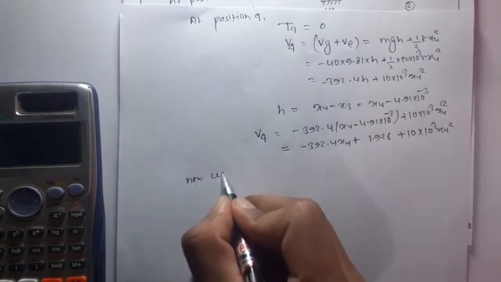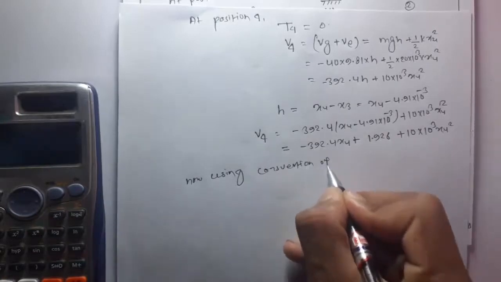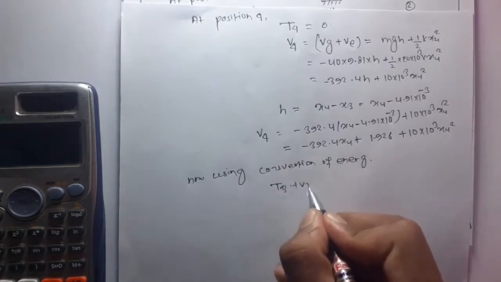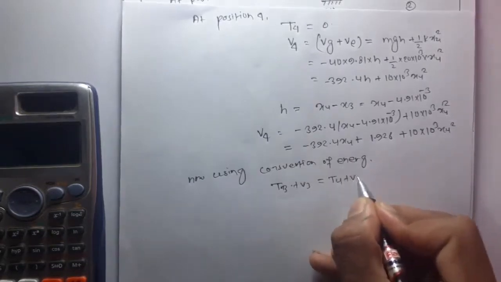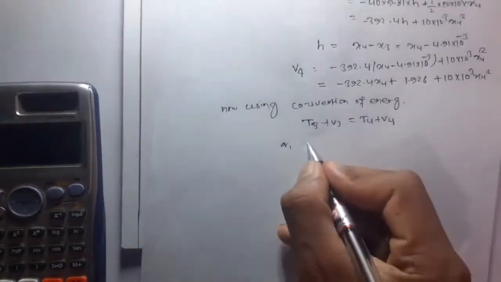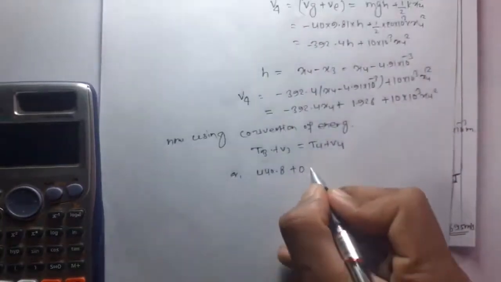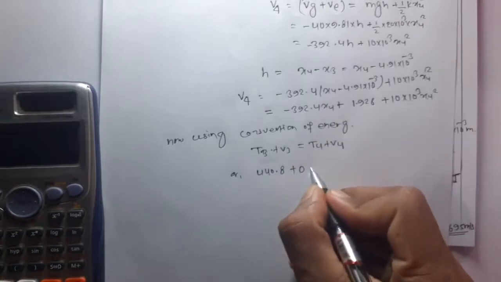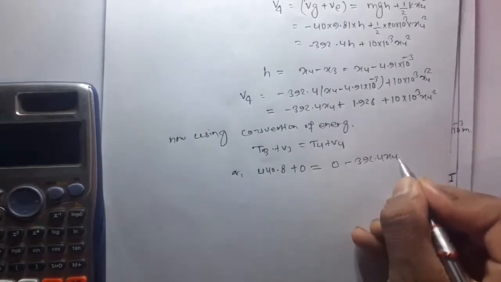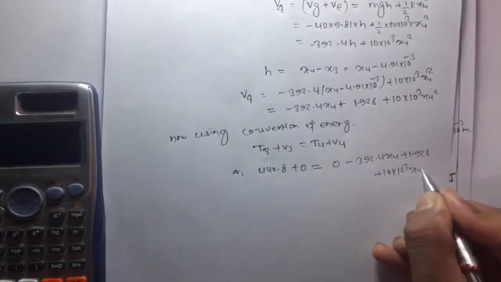Now using conservation of energy, that is T3 plus V3 is equal to T4 plus V4, or T3 is 440.8 plus V3 is 0, is equal to T4 is 0 minus 392.4 x4 plus 1.926 plus 10 into 10 to the power 3 x4 square.